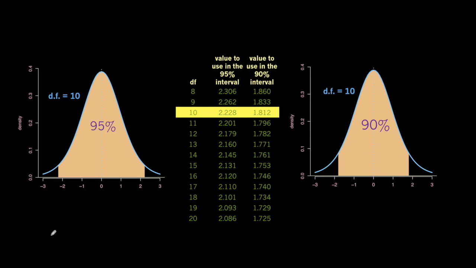And in fact, when you look at tables, the famous t-tables, for 10 degrees of freedom, you will see that to construct a 95% interval, you need to use the number 2.23. And for a 90% interval, you can just stop at 1.81. Those numbers we get from tables, and this is how tables are arranged: the rows are degrees of freedom and the columns are the confidence.